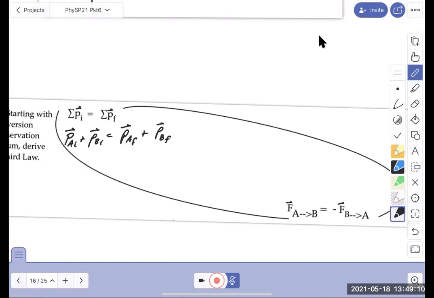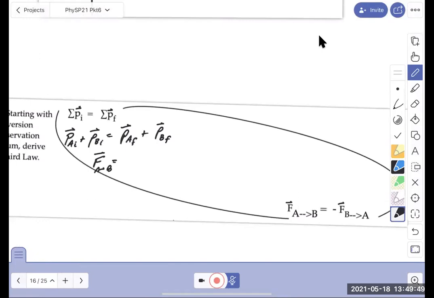Okay, now I'm trying to get it down to that form. Let's introduce Newton's original second law, which is not F equals ma, it's F equals change of momentum over time. The force of A on B is going to change the momentum of B in an amount of time.